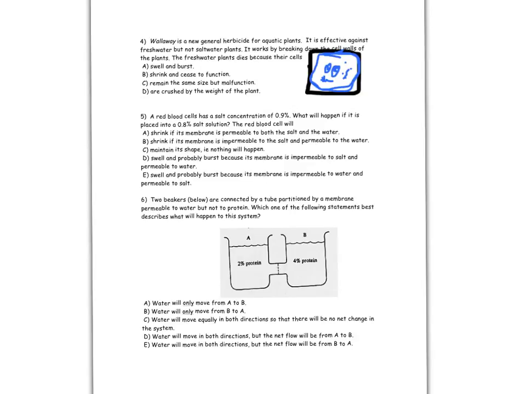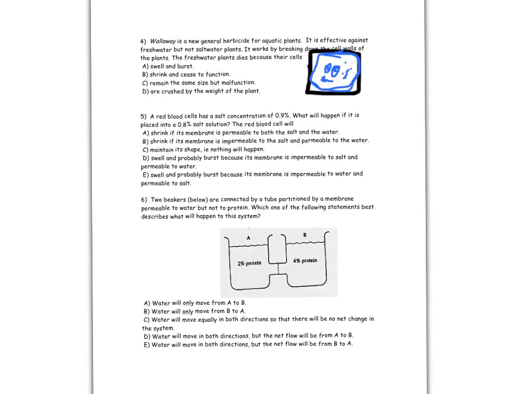So when we're looking at shrink and cease to function, well, the cell wall is not going to stop the cell from shrinking. The cell wall is only going to stop things from bursting out. If you think about it, it makes sense. If you remain the same size but malfunction, that doesn't make any sense because the cell wall is just simply structural.